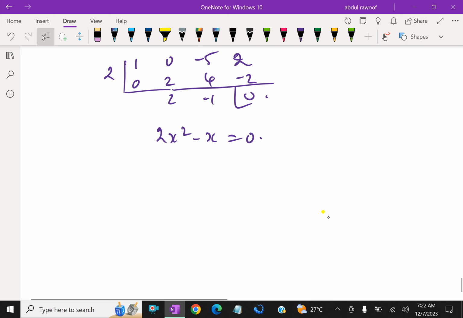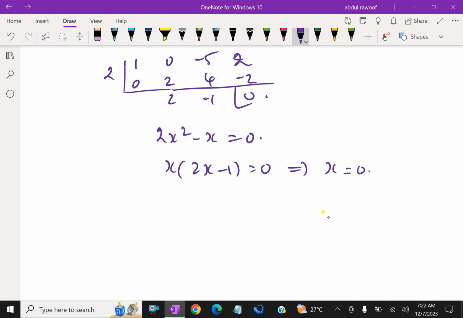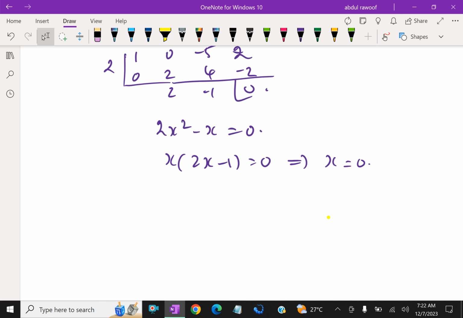Then solving this, x into 2x minus 1 equal to 0 gives x equal to 0 and x equal to half. Write the other integer root.